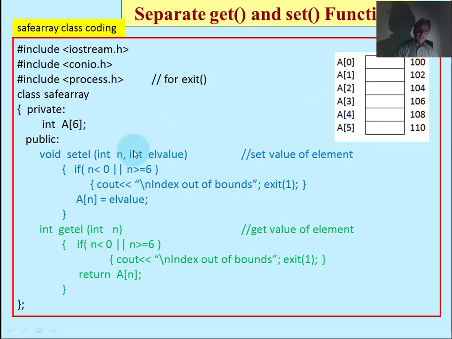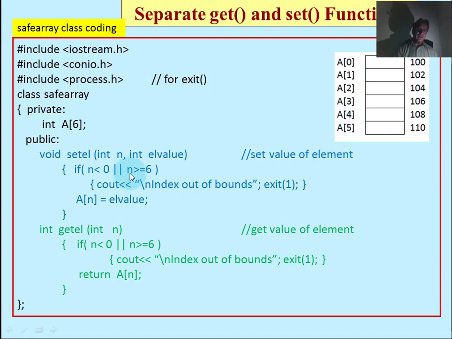When the main program provides the value to n, n is checked. If n is less than 0, that is -1, -2, -3, it is beyond the limit. Or if n is greater than or equal to 6: 6 is actually out of bound, and greater than 6, that is 7, 8, 9, are out of bound. 5 is not out of bound. From 6 onward, all indexes are out of bound.